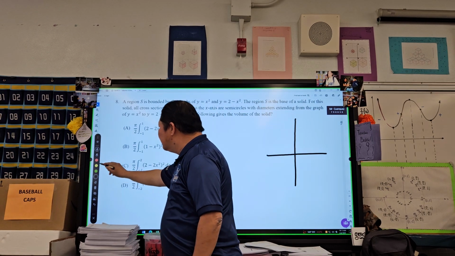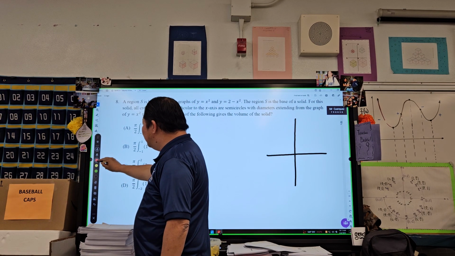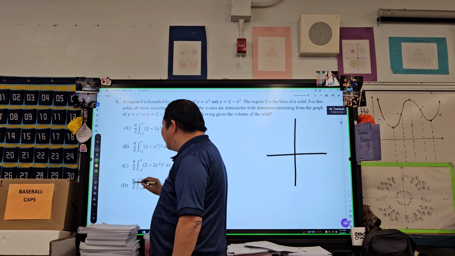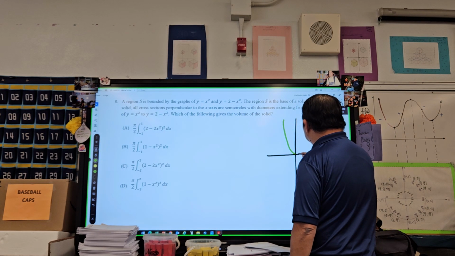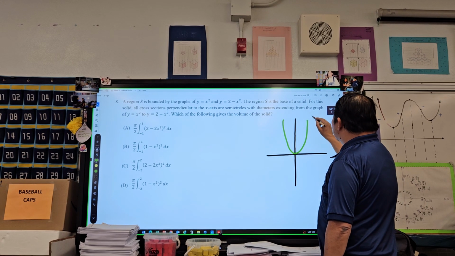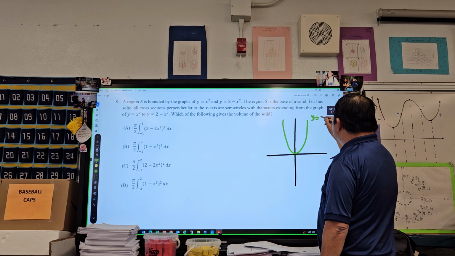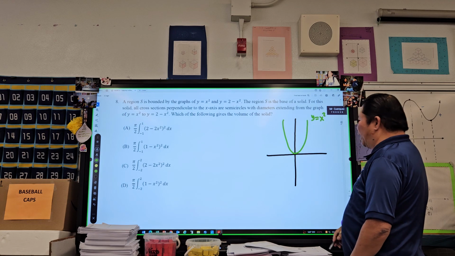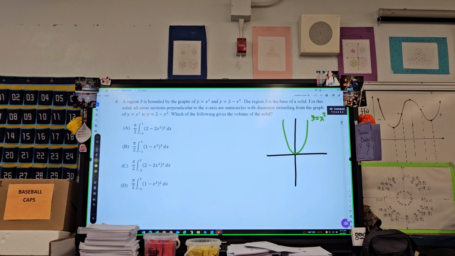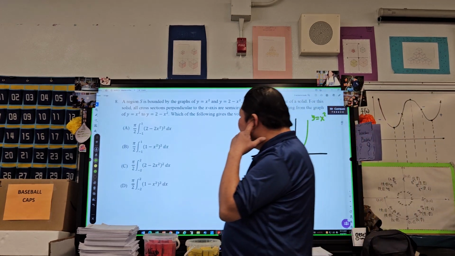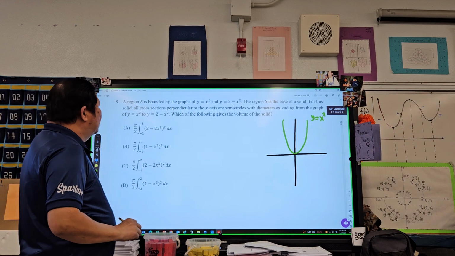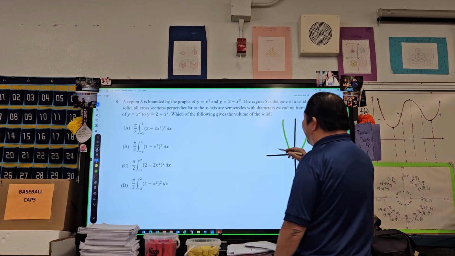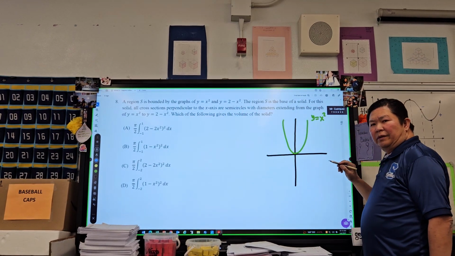So I'll use green color for x squared. So this is y equals x squared. And the second one, I'm going to use blue color. It says 2 minus x squared.